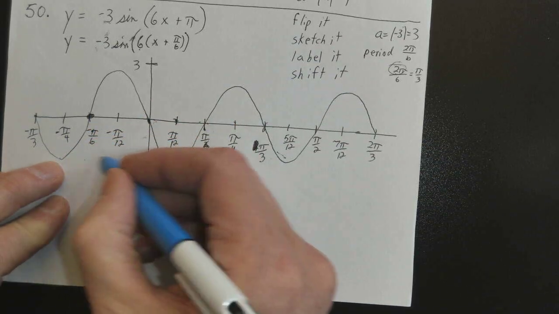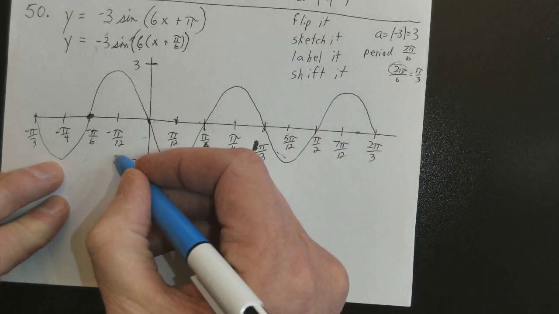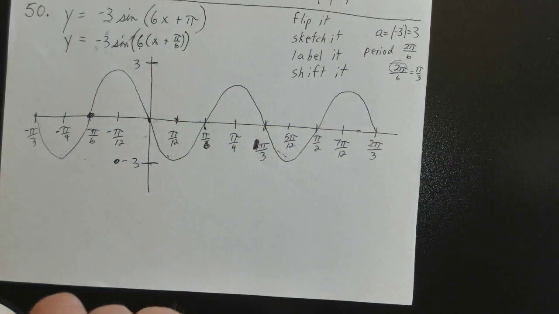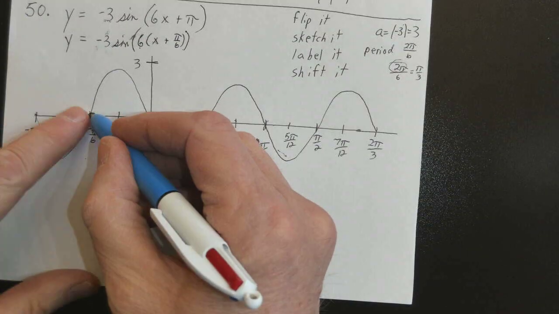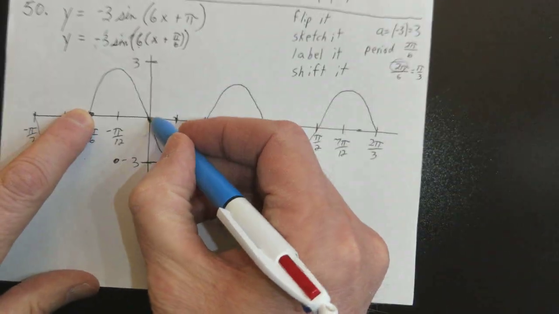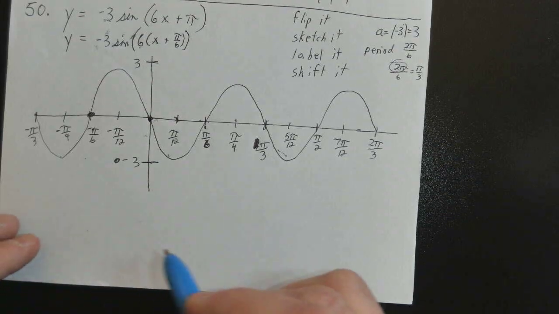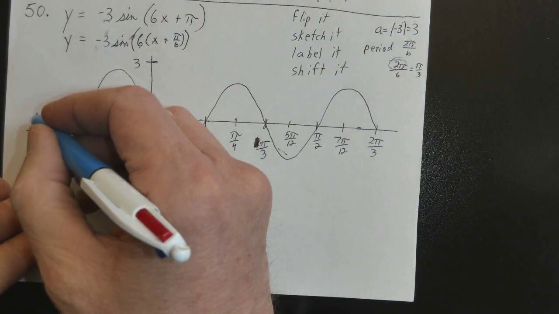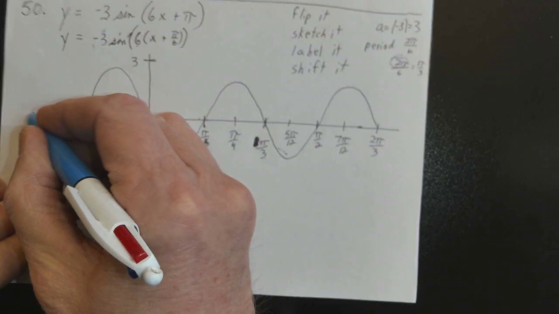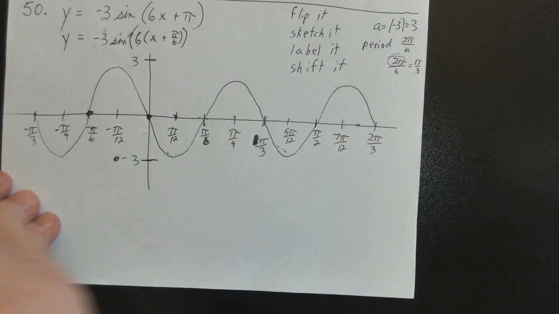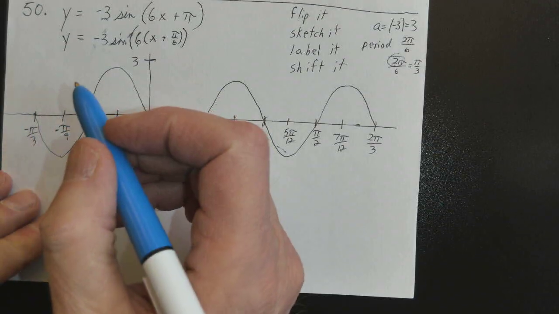This one is 2 marks over, which is a pi over 6. This one goes over 2. That's not left, is it? Yes, you are correct. All right. I'm going to run out of room over here. Yes, this is right, not left. Okay, thank you very much, and very good.